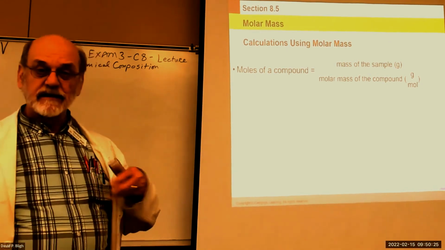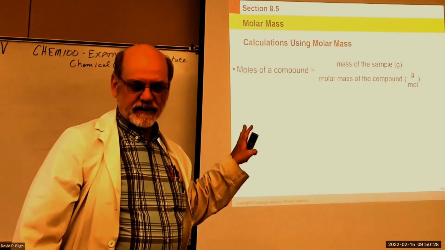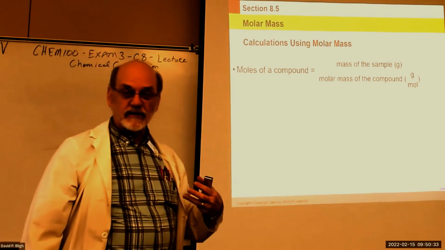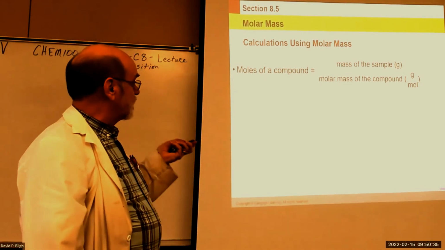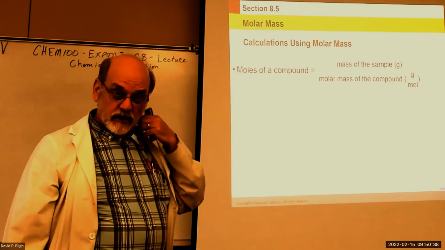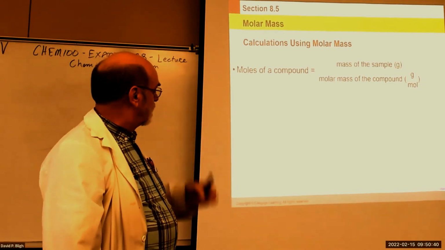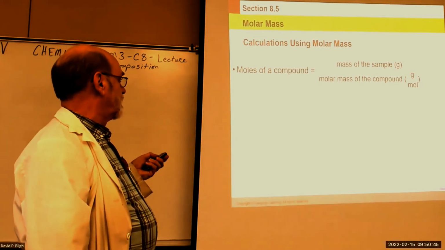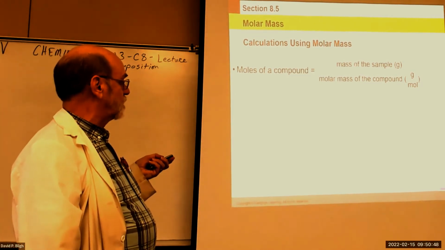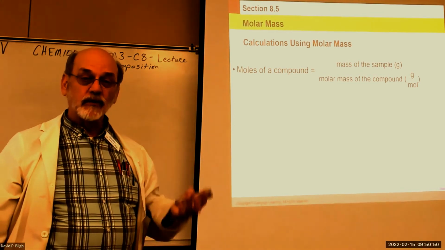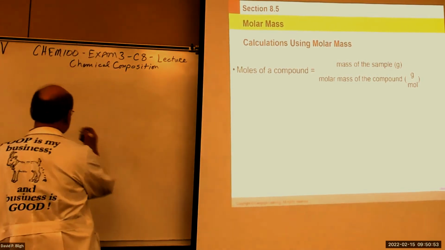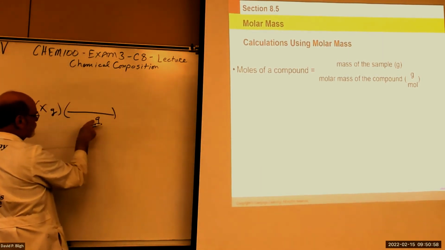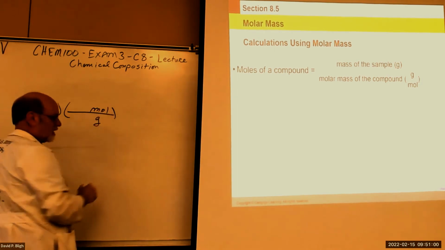Now, mathematically, this formula is correct. But from my way of thinking, it's a little difficult to handle because you would have to memorize this thing, and you could only use it for that purpose. Whereas if we had so many grams of a sample and we wanted to find out how many moles that was, so we have X grams of our sample, then we would multiply it by something that would cancel the grams and leave us with moles.